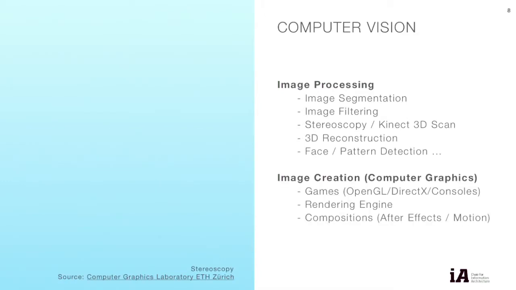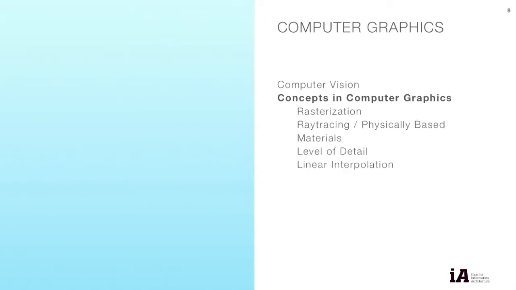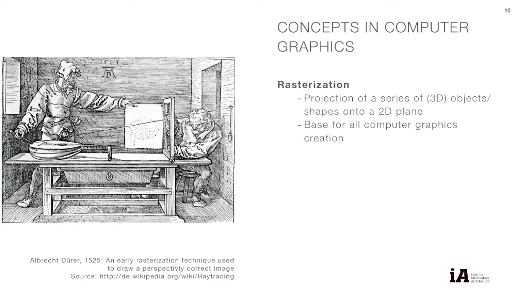And then the other part is what I'm going to talk about. That's image creation from 3D shapes. First, you have the rasterization. The problem is you want to have a 2D image of a 3D scene. So we project everything that's in the 3D scene onto a 2D plane.